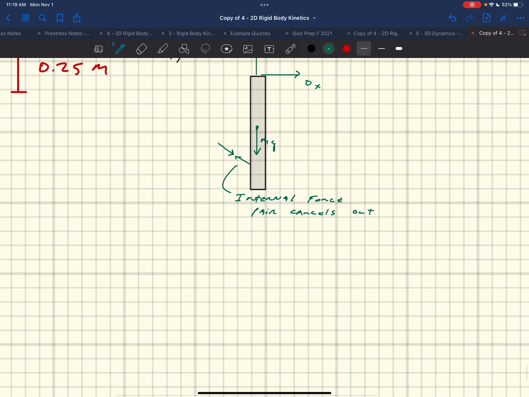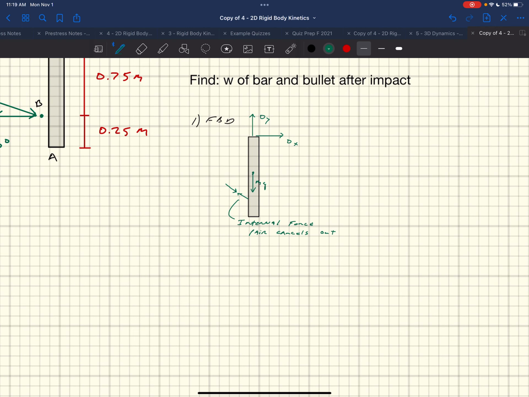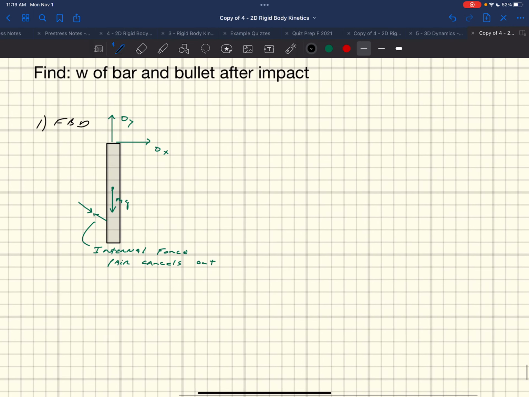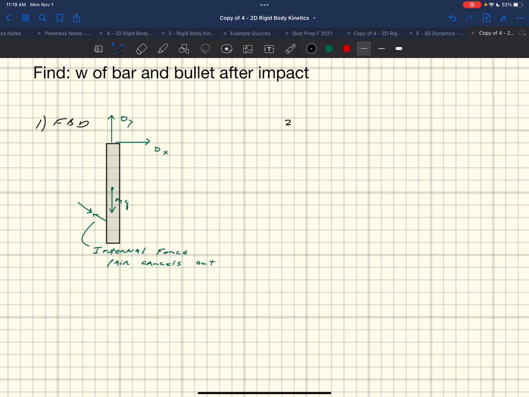Internal force pair cancels out. So that we're left with that. Okay. The second part says, let's look to see if linear momentum or angular momentum is conserved.